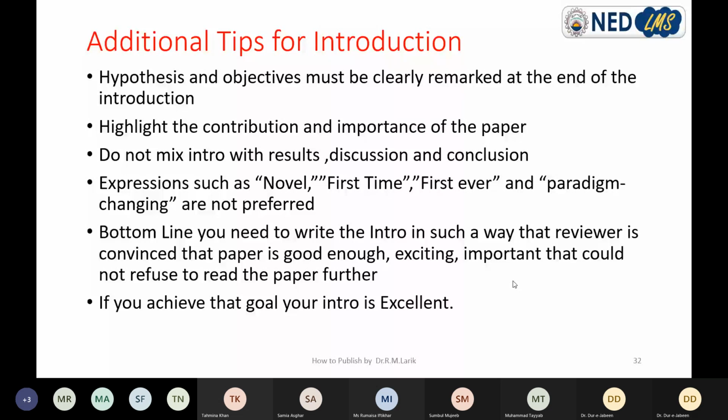How are you claiming it? Is it really novel? Nobody has done that? Here is a fight between you and the reviewer. You need to justify these words. If it is really novel, then maybe it will go to the IEEE Transactions. But if it is not novel, but modified, enhanced, improved, that is okay.